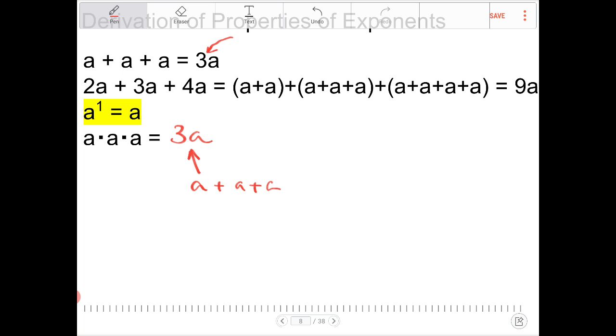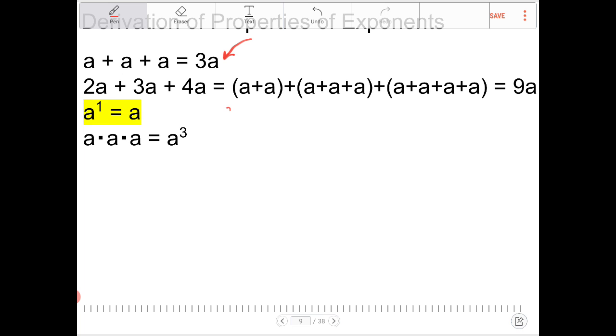So we need another notation. What exactly is that notation? Well, that notation would be a to the third. This exponent is telling you we're multiplying a by itself 3 times. Here we're adding a 3 times. Here we're multiplying a 3 times, which is different from multiplying by 3. So try not to get that confused.